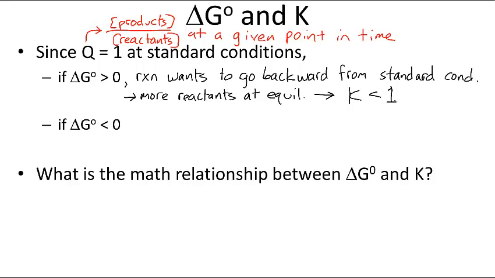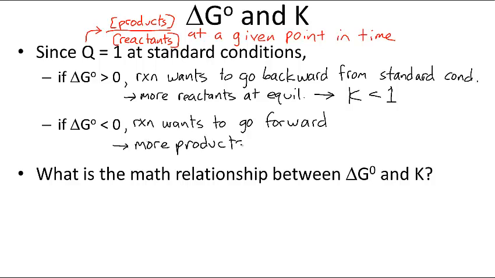So the sign of delta G naught tells us if K is going to be less than 1 or greater than 1. If delta G naught is negative, we can say all those same things in the other direction. The reaction wants to go forward, so we'll get more products, so K will be bigger than 1.